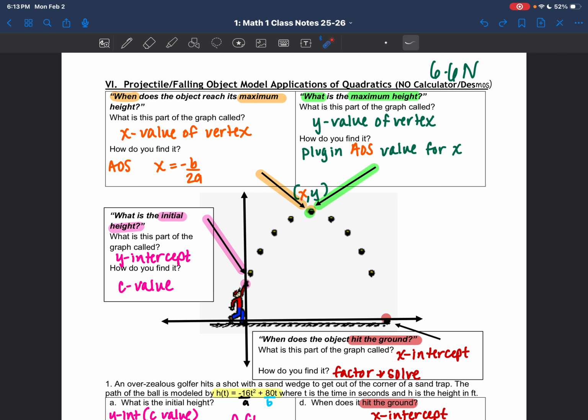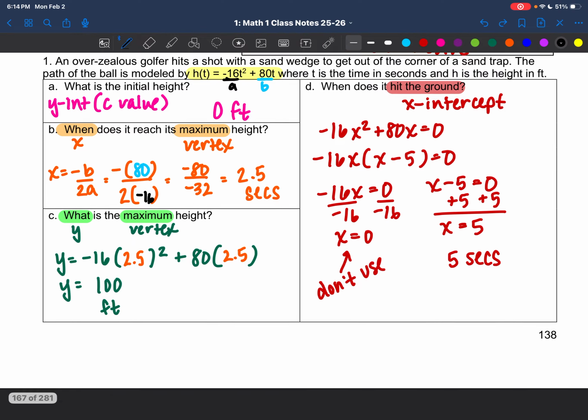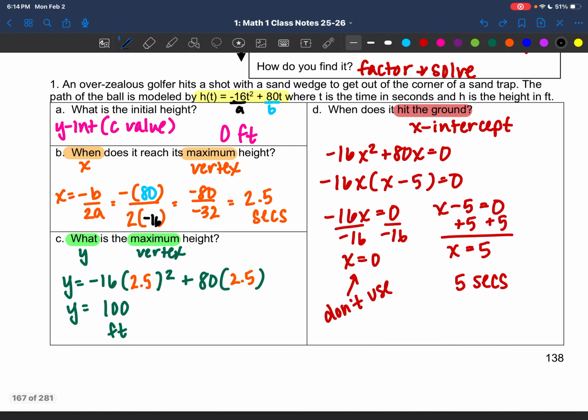So when you're looking at this, if I were to sketch the graph, I'll just do a sketch here. Since it says h of t, that means t is time, and then we said height, which we said was h. So if we were to sketch this, t is in seconds. And then it asks, what's the initial?